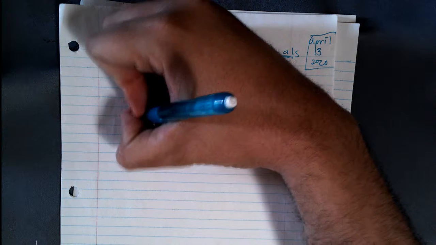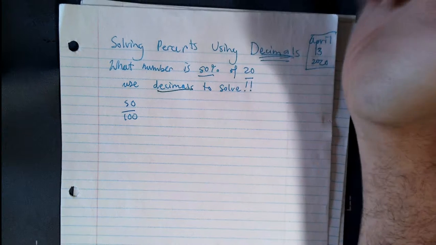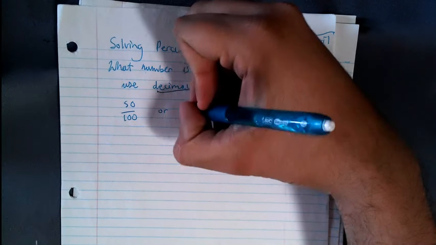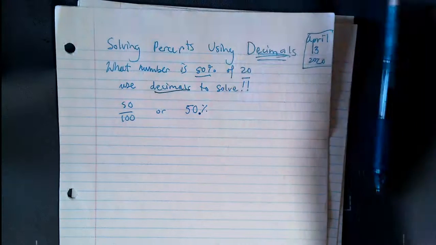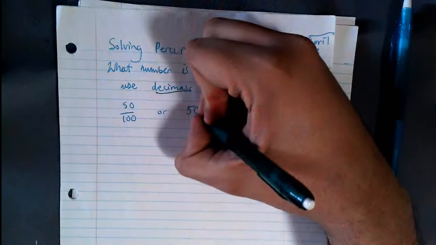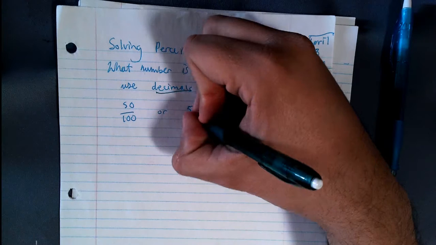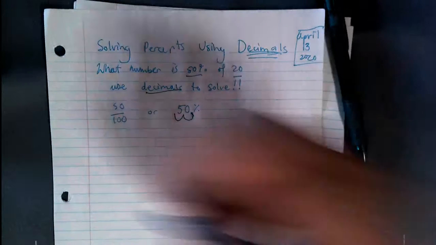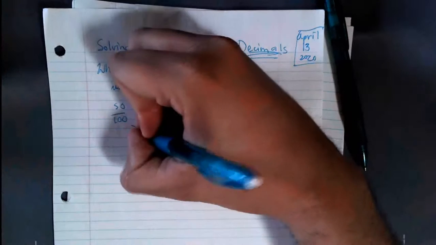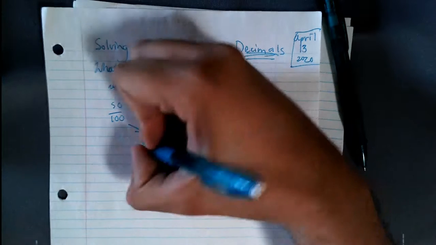We could take 50%, turn it into 50 over 100, and put that fraction into a calculator, or we could turn 50% and just move the decimal. Remember, there's this fictional decimal here. Move that 2 spaces to the left. Either one works. Both times we'll get 0.50.